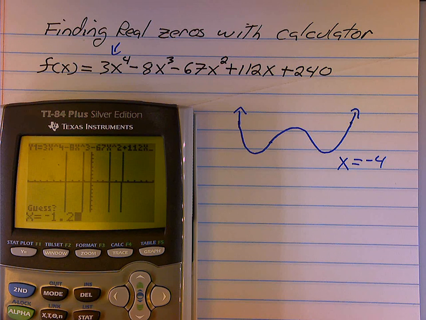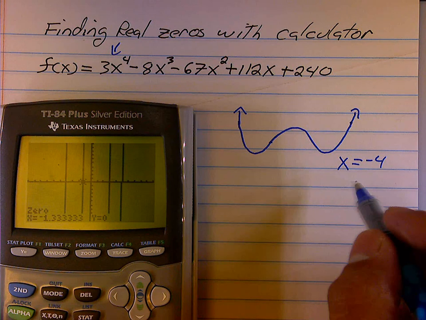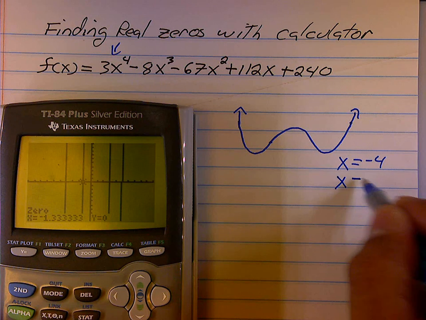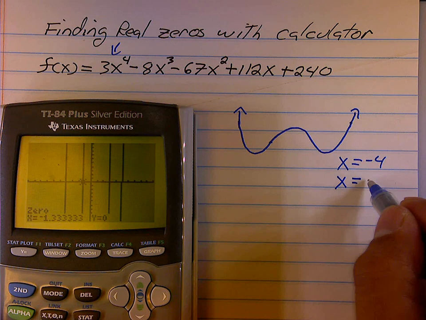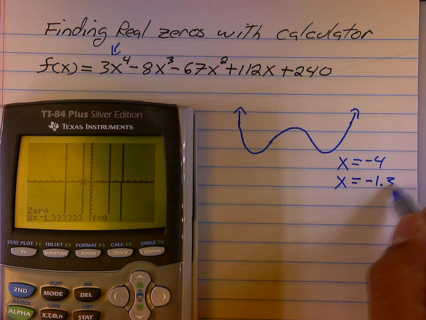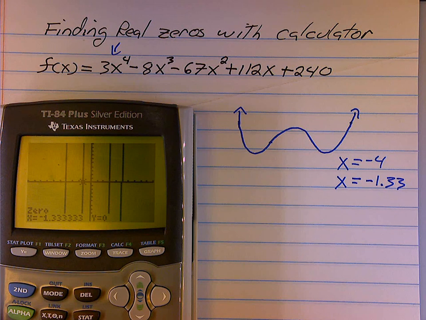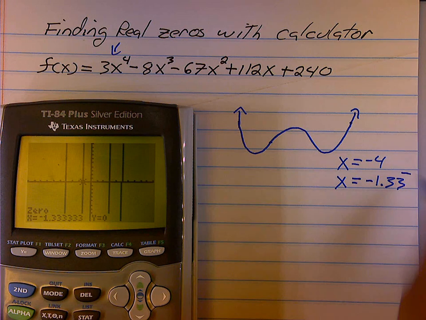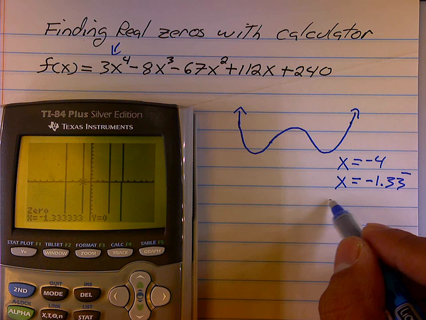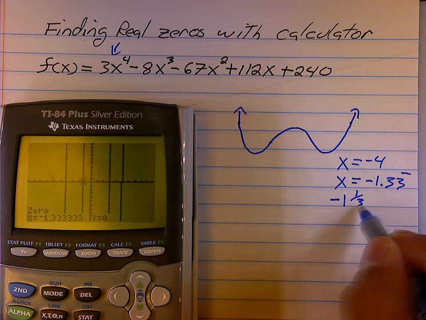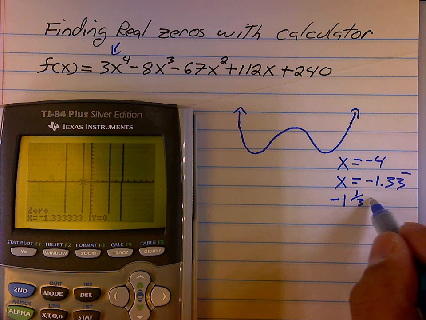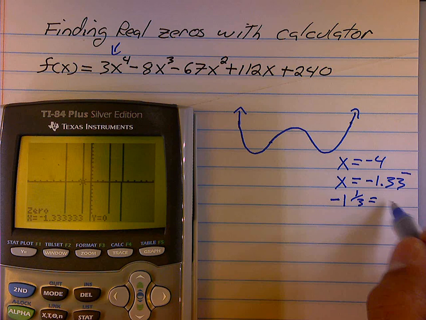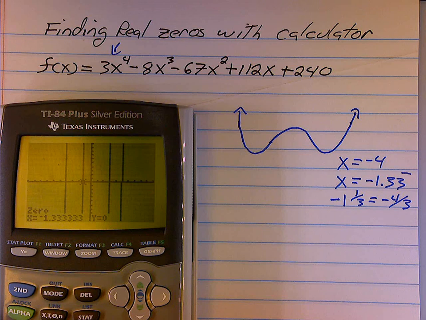Calculator's going to find it. So it calculates the next one at -1.3 repeating. I'm going to write that as a fraction, but you should recognize that as -1 1/3 or -4/3. I just prefer to see numbers as fractions and decimal approximations.